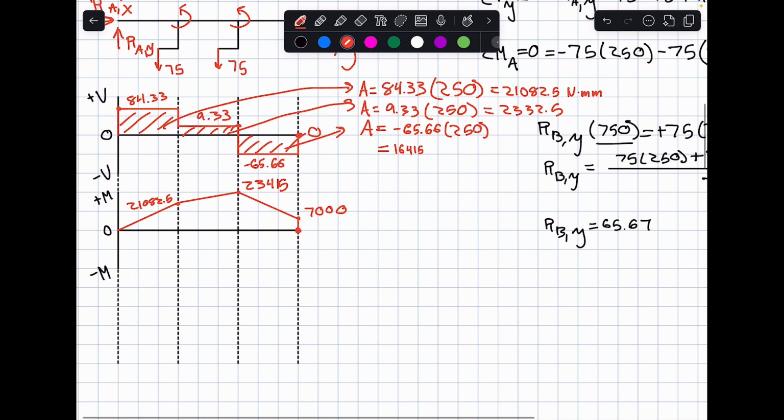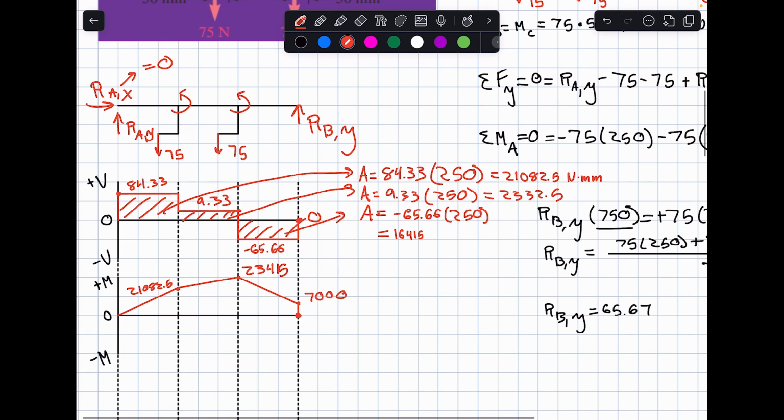The reason that's a negative 7,000 value is because these guys right here are positive, because they're going counterclockwise, and counterclockwise is positive. But when we're doing our shear moment diagrams, any external moment like you have right here, we reverse the sign. And so they're positive here, but here they're negative. And that's this whole problem done.